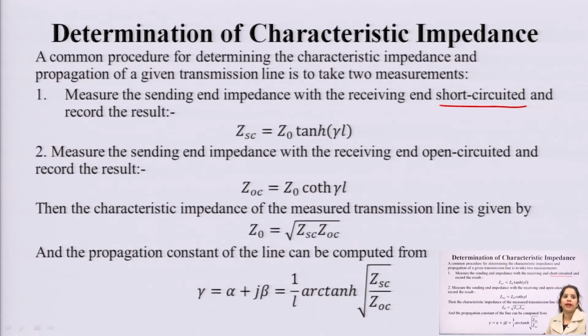First of all, we will measure the sending end impedance with the receiving end short circuited. So, what will we get? We will get the short circuit impedance, and by substituting the expression we will receive this expression. The next step is to measure the sending end impedance with the receiving end open circuited.